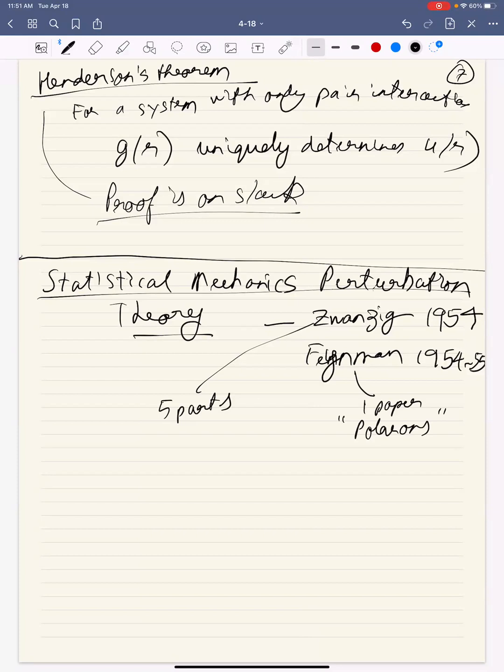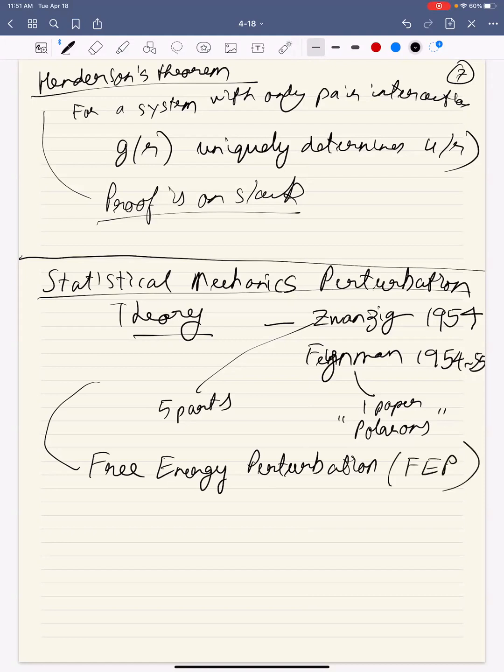Then in the late 1990s, similar ideas were really used in this method known as free energy perturbation, which is a way to calculate properties such as binding free energies of molecules against proteins or RNA or DNA by using equations like this. Its short form is FEP, and this became very popular.